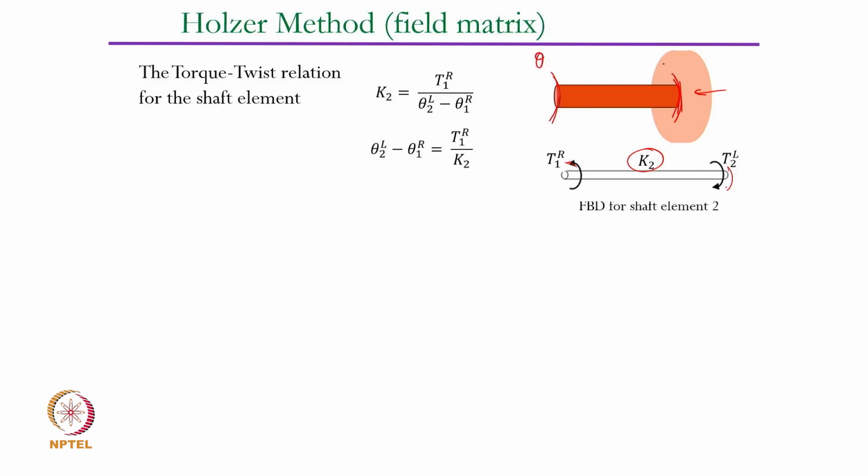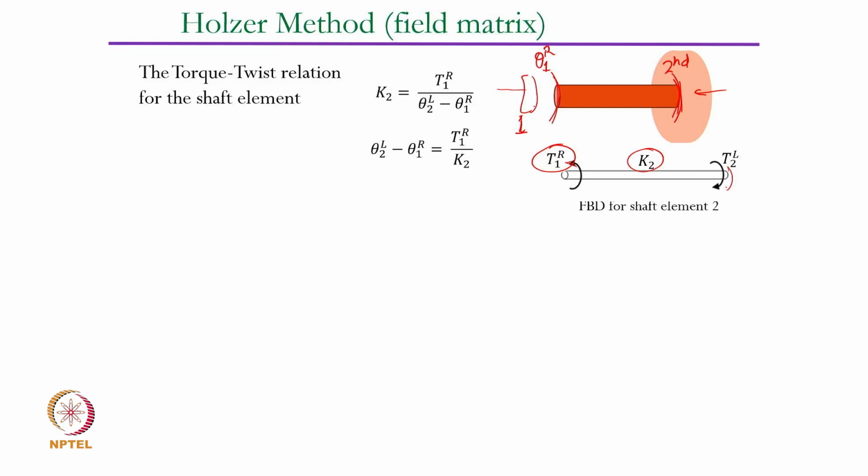If this is the second disk, disk number 2, then there will be another disk here, disk number 1. The previous disk will be disk number 1, so on the right side of that disk number 1 will be theta 1R. Just like that, the torque on the right side of that disk is going to be T1R. So T1R and T2L are going to be identical.